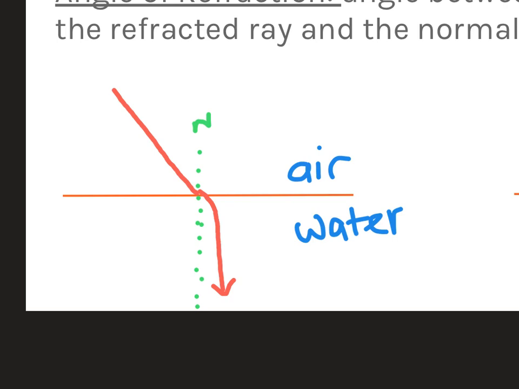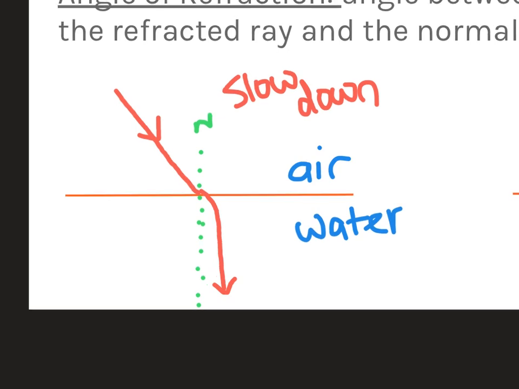The light actually changes direction because it's slowing down. So when you go from air to water, light is slowing down. The reason for that has to do with the interaction in the material itself, the density of the material, and that light interacting with that material.